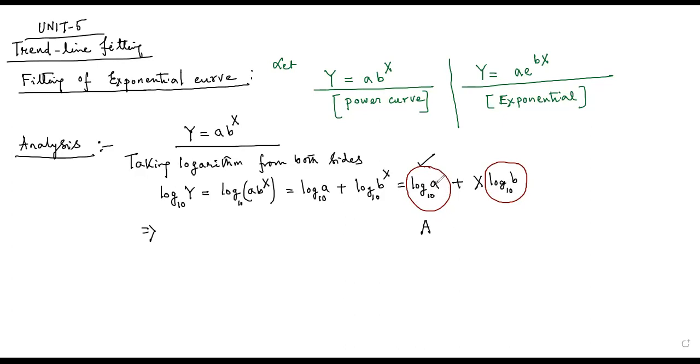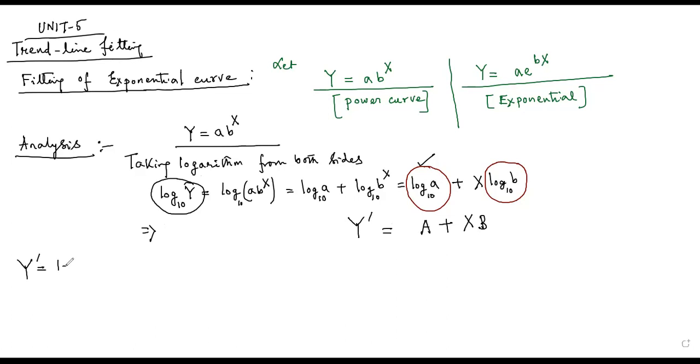So since small a is constant, log of a to the base 10 is also constant, and therefore we can put another notation for this, where we are choosing capital A. Here we are choosing logarithm of b to the base 10 as capital B, and this term you can consider as capital Y prime. Now what we are doing, we are getting several new quantities.